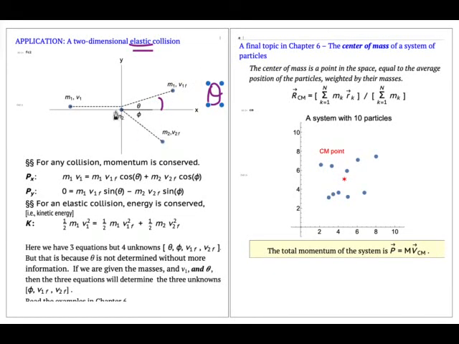Particle 2 has to recoil because they don't stick together. It'll go off in some direction, and that's another angle. So we'll call that angle phi, kind of a recoil angle. And each particle will have a speed. Let's call v1f the speed of the outgoing particle 1, and v2f the speed of the outgoing particle 2.